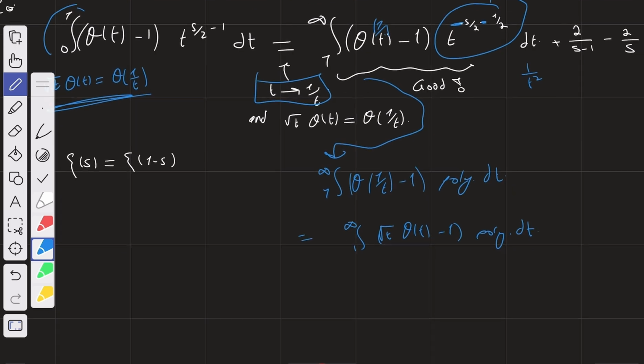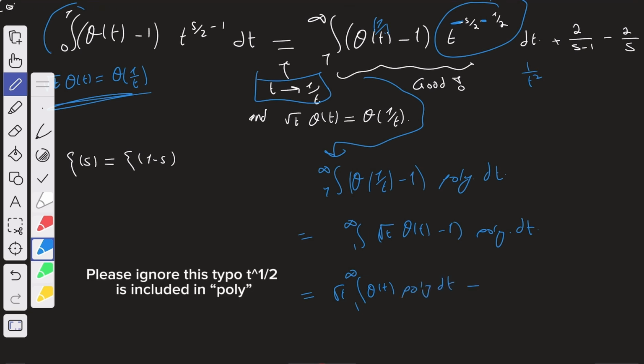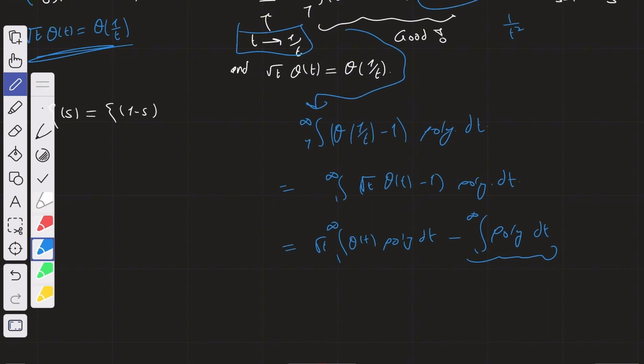Let's rewrite these terms. You just separate the integrals: the integral of theta of t times some poly dt, minus the integral of some poly dt, and this we can evaluate. It's just an elementary integral.